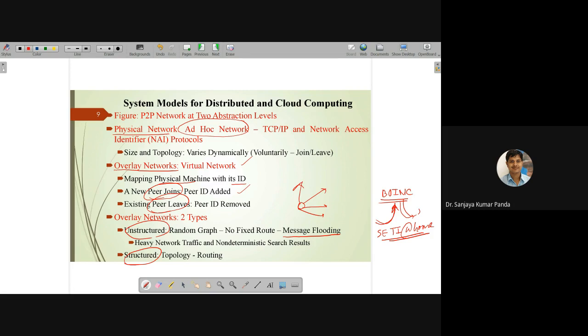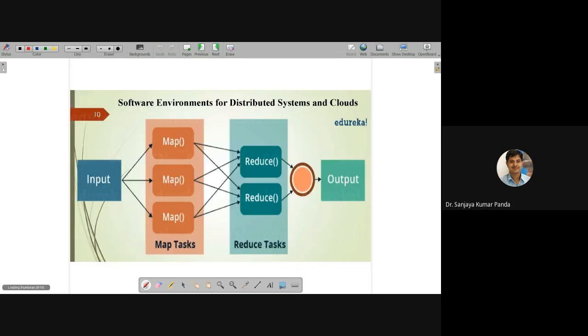Now, let us see the software environment. Which software environment is used for distributed systems in cloud? Earlier, I already told you, one is Message Passing Interface, a very popular platform that is used as a software environment. You can write the code in MPI. You can also use Parallel Virtual Machine, PVM.